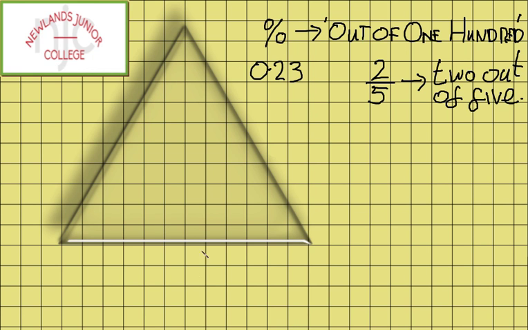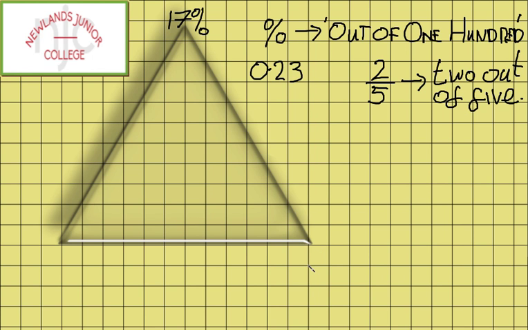Okay, on to the triangle now. Let's start with a percentage at the top here then. And let's go with 17%. So this is the percentage bit. Down here, I'm going to show you what the equivalent fraction would be, the same fraction.